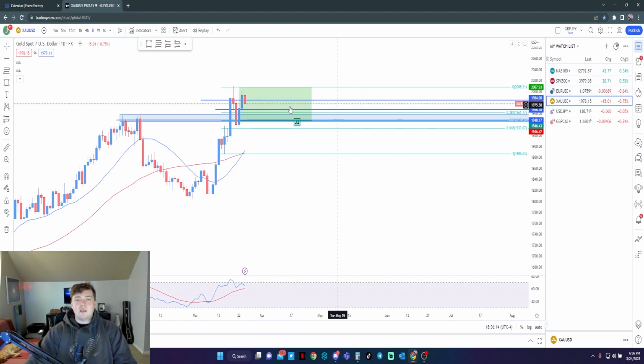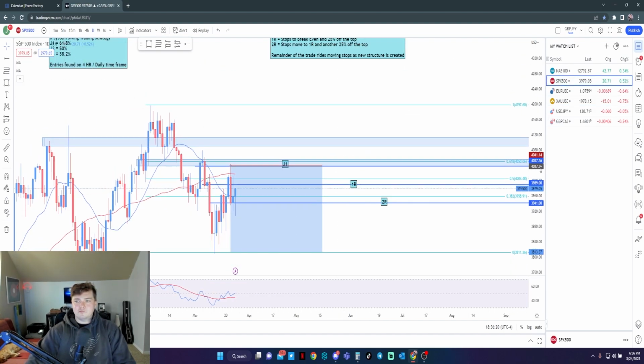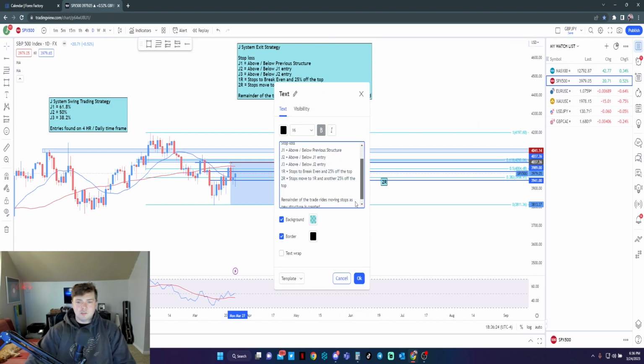Now, what I like to do is once the full target is hit, so if we come over to here, you can see down here I have: remainder of the trade rides, moving stops as new structure is created.